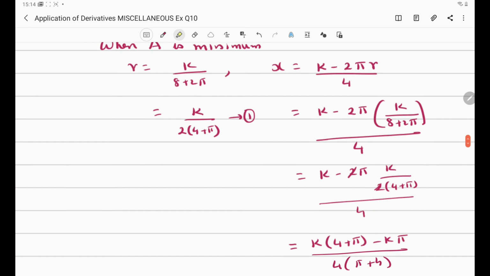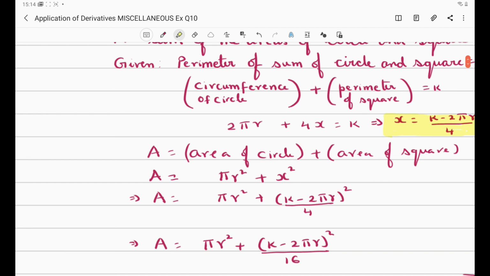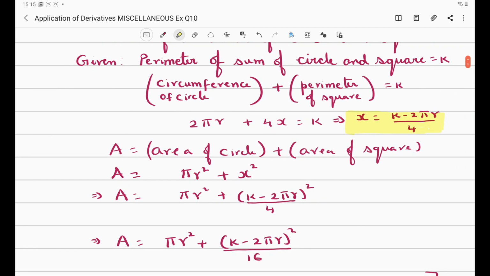So initially what we did is we found out what is A. A is the sum of the area of circle plus area of square. Then we wrote A as pi r square plus x square, and since it is in terms of two variables, we expressed x in terms of r by using the relation that the sum of the perimeters of circle and square is equal to k. So here if you add up the perimeters, the sum of the perimeters of square and circle, it is k.